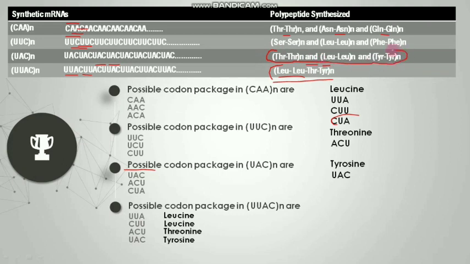So UAC in this particular possible triplet codon list stands for the tyrosine. Now the ACU codon stands for the threonine. So the remaining one is CUA, and the remaining amino acid is leucine. So definitely the CUA will be coding for the leucine. So that's why I wrote CUA here.